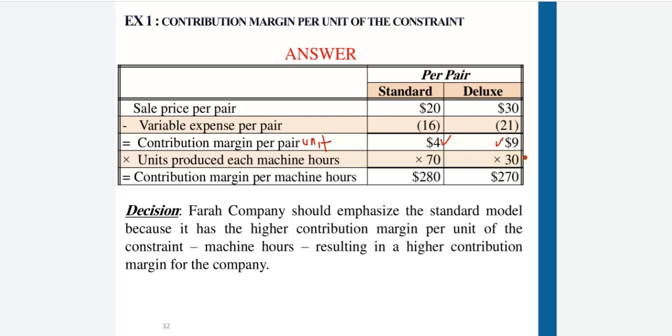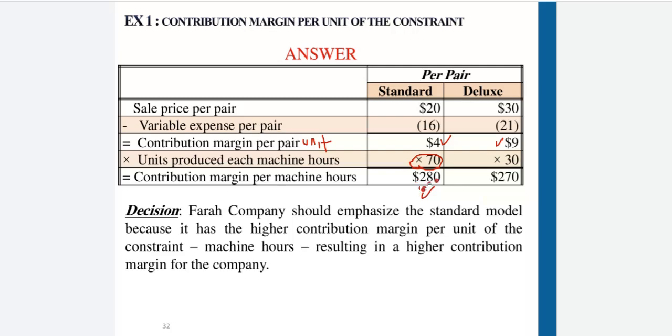So in 1 hour, if I produce 70 standard glasses, I will achieve a profit or contribution margin of $280. يبقى أنا لو في ساعة واحدة هنتج 70 نظارة عادية، ده هيكسبني كام؟ $280.